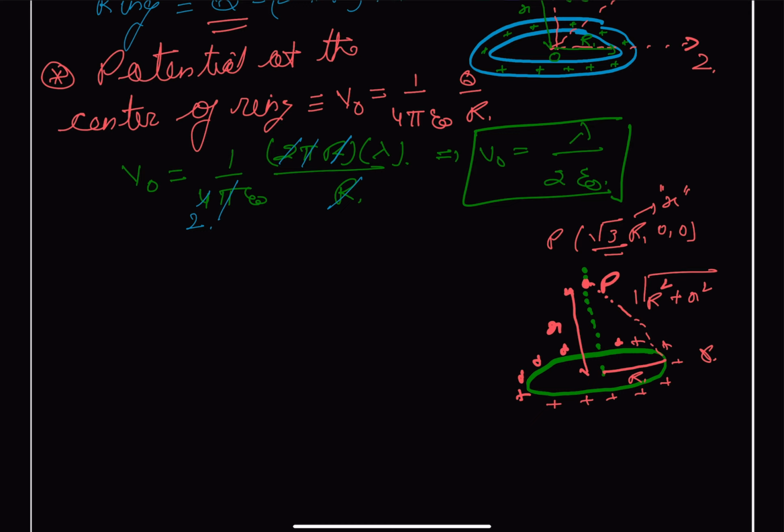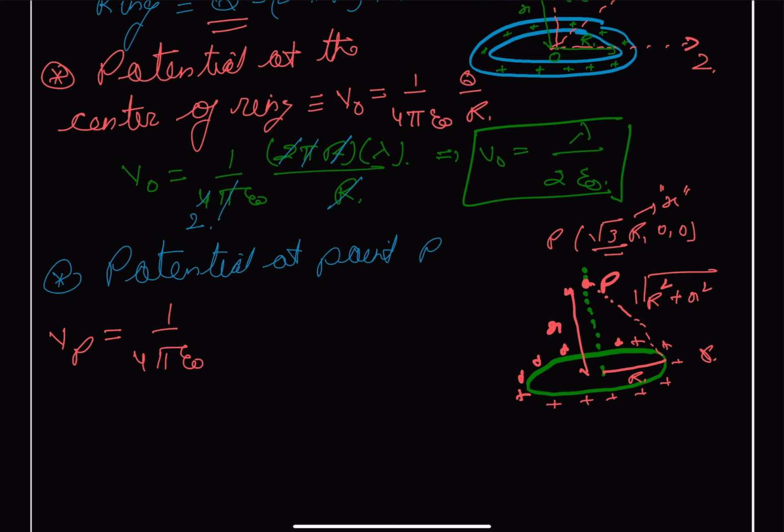So we can say the potential at point P, let us call that Vp. So Vp will be equal to 1 upon 4 pi epsilon naught q, and the distance between them is the square root of r square plus x square.